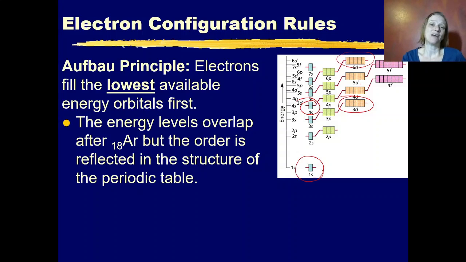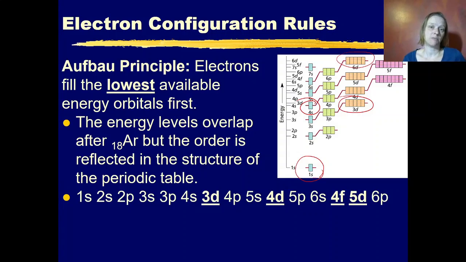So that means that after argon on the periodic table, the electron configuration starts getting a little bit more complicated. So 3d comes after the 4s. That's a little surprising because it's 3p, then 4s, and then 3d.